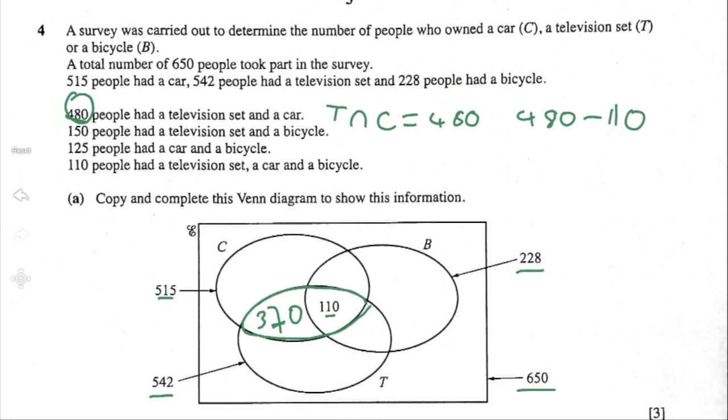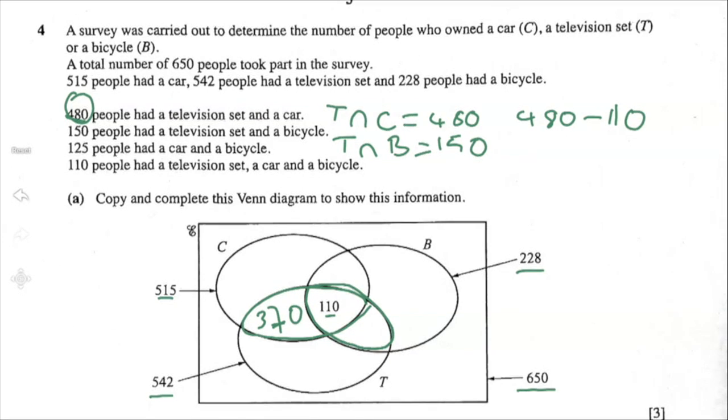Similarly, 150 people had a television set and a bicycle. That means T intersection B. So the total number of elements in T intersection B is 150. Therefore, we can identify this region, T intersect B. You can see that it's that region over there.